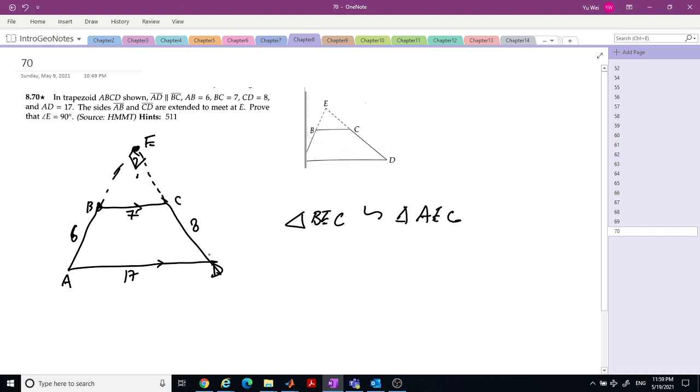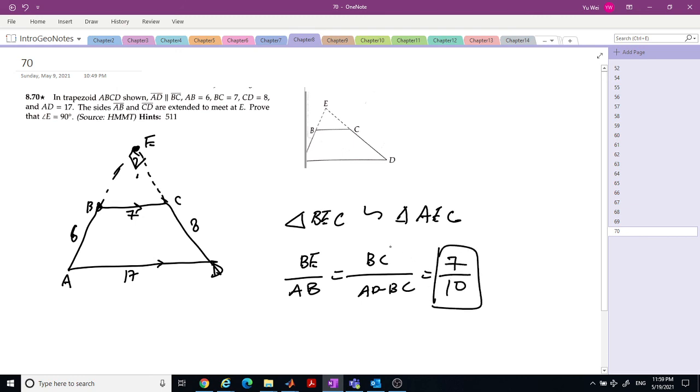So the ratio BE over AB will equal BC over (AD minus BC), which is 7 over 10. So this means BE is 7 over 10 times 6, and EC is 7 over 10 times 8, right?